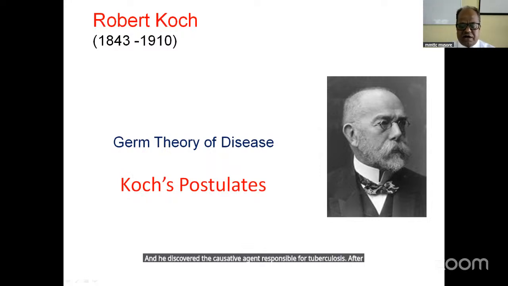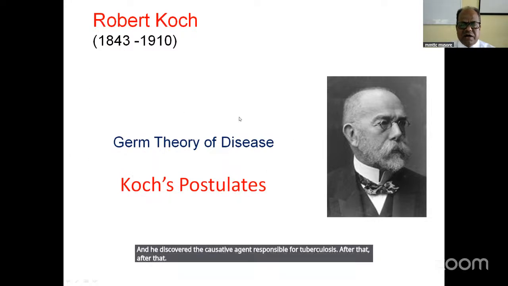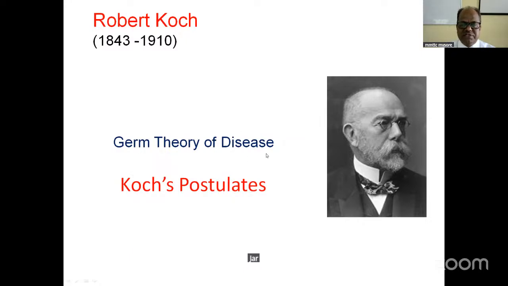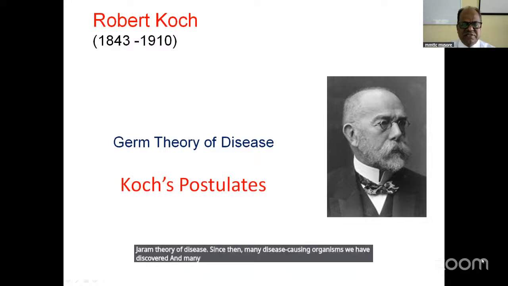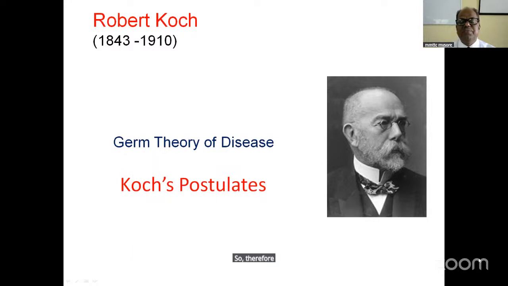After that, he developed a theory called the germ theory of disease. Since then, we have discovered many disease-causing organisms, and many diseases can be cured nowadays using antibiotics and other drugs. Credit goes to Robert Koch for discovering the causative agent of diseases. So it is an important discovery.